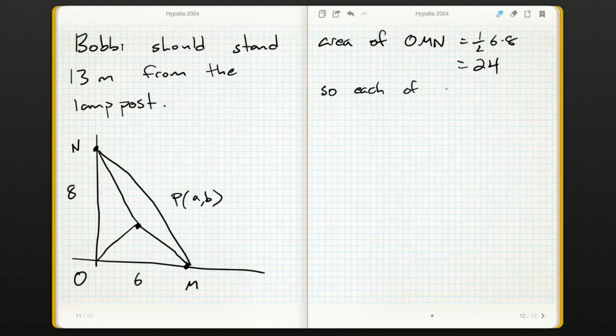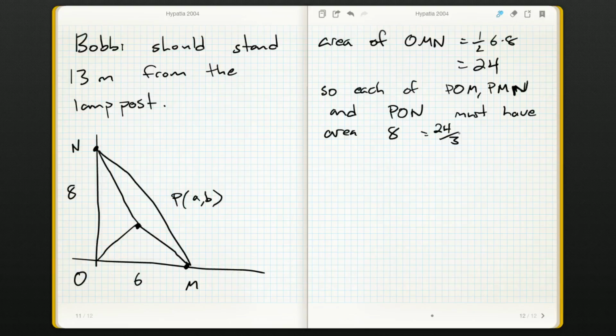So each of POM, PMN, and PON must have area 8, because it's 24 divided into 3 equal triangles here.